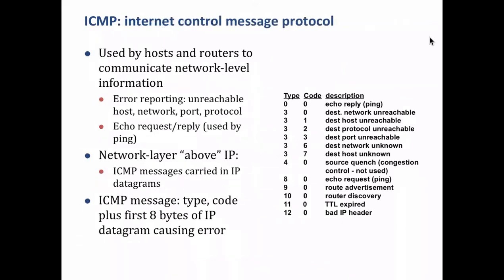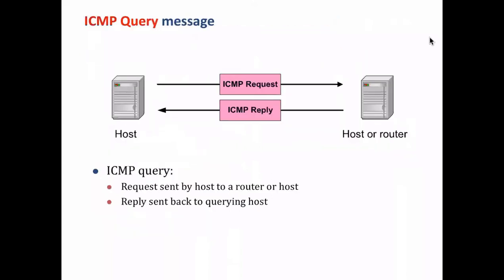Then various combinations of this type and code, like 0 and 0 for echo reply. You send an echo message and you get a reply. If it's a reply, then the type field will be 0, code will be 0, and so on. I will just look at some examples here. A host can send an ICMP request, and the router will reply with the reply corresponding to this request.